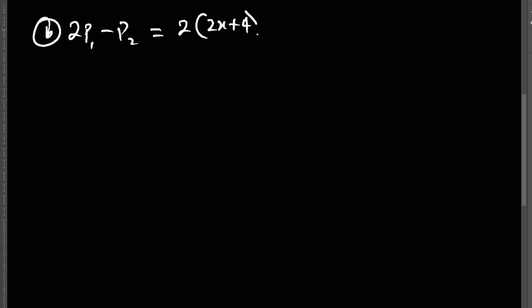Where we are going to consider 2P1 minus P2. So how do you go about this? We say 2 into bracket P1 is 2x plus 4, minus into bracket P2, which is 4x squared minus 3x.